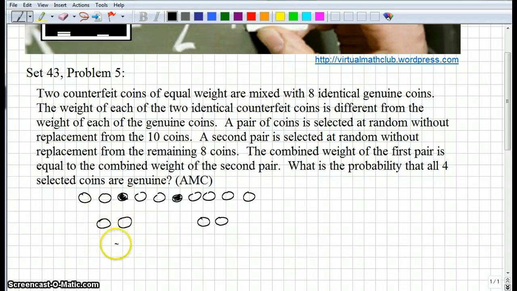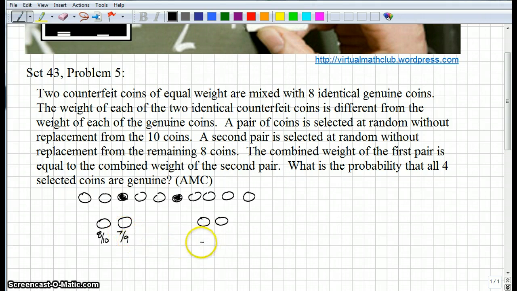So the probability that the first coin that we draw is genuine is, we have 8 genuine coins out of 10. So the probability that the first one is genuine is 8/10, right? And then we have 7 genuine coins left and 9 coins total left, so the probability that the second one is also genuine is 7/9.